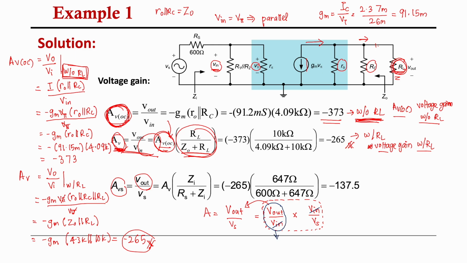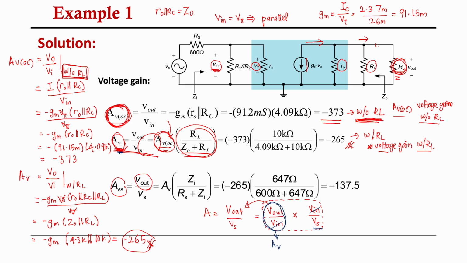This is actually the value from the AV that we have calculated earlier, and the V in over Vs is the one that we can calculate later. So one part has been solved.